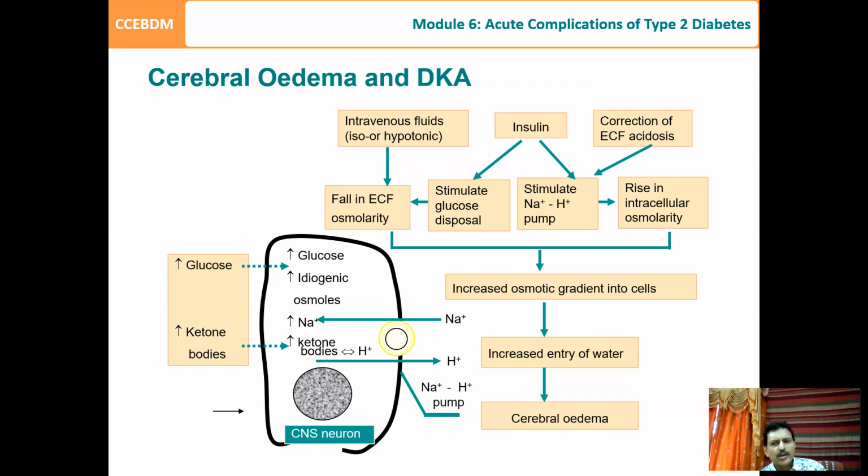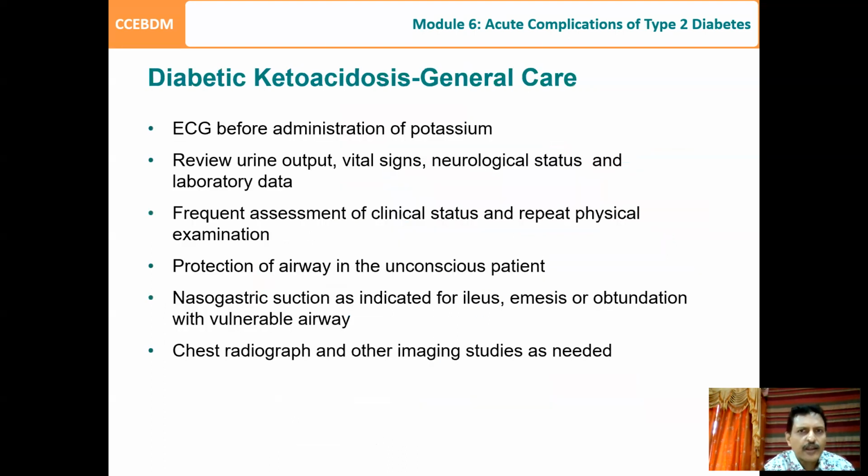Our idea is to correct the pH up to 7.1, so you should measure. Don't give bicarbonate if the pH is 7.1 or more. Never. Just correct the pH from less than 7 up to 7.1. So this is about the cerebral edema.